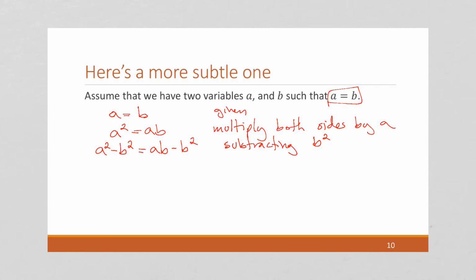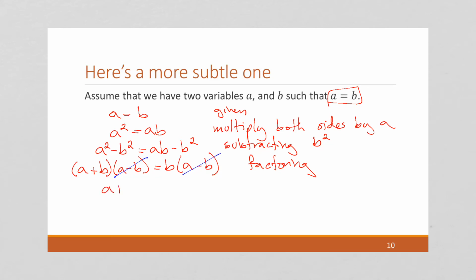I'm going to factor this. This becomes a plus b times a minus b. And over here I can factor b out. This is by factoring. I can cancel out the a minus b because it's on both sides.